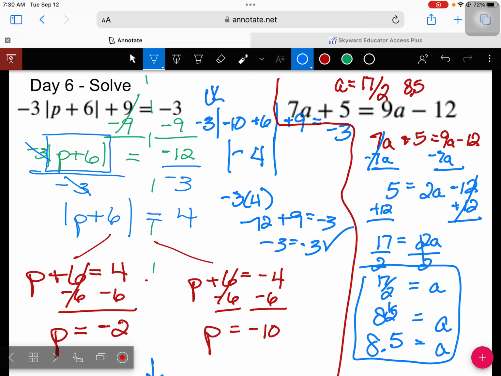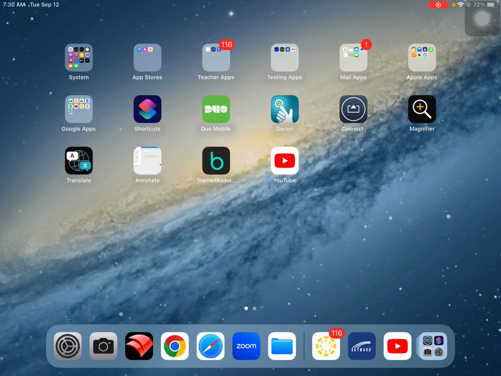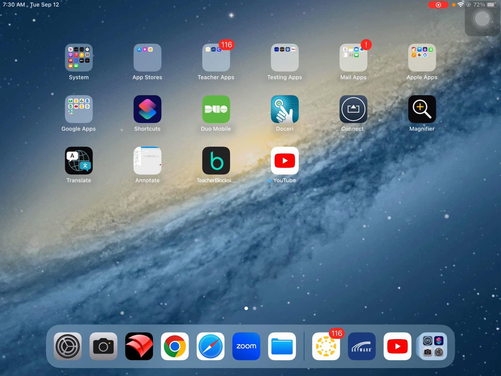All right, let's go into our notes. We are on the last day of absolute values. I believe it's on page 17. It's on the back. Okay.